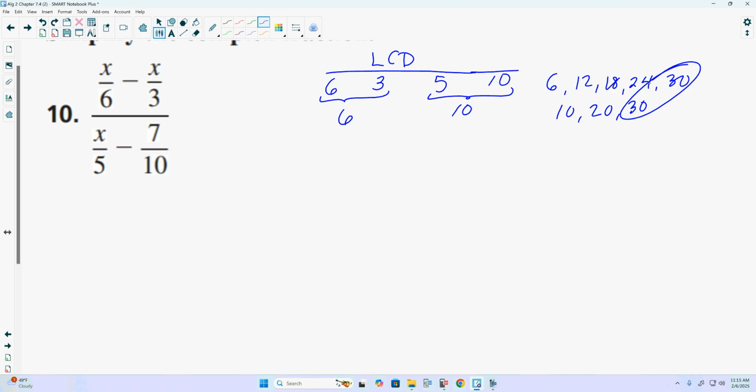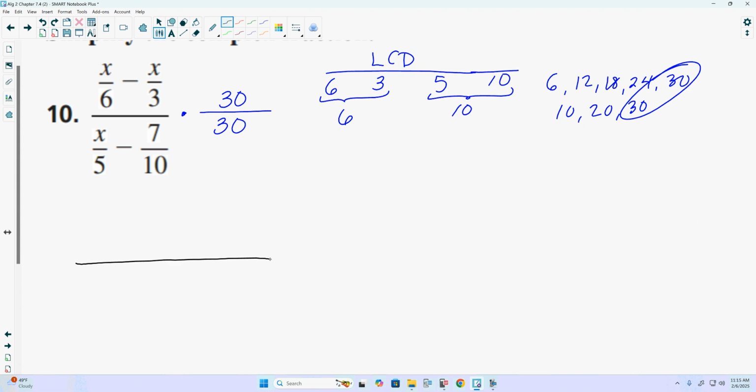It'd be tempting to say 60, because 6 times 10, but 30 is the first one. Which means our least common denominator here is 30. So what we'll do is multiply the top and bottom of this fraction by 30, the first number that we can turn 6, 3, 5, and 10 into.